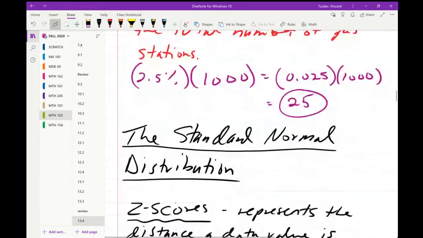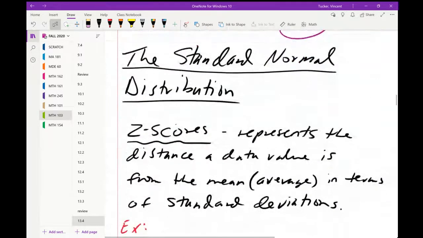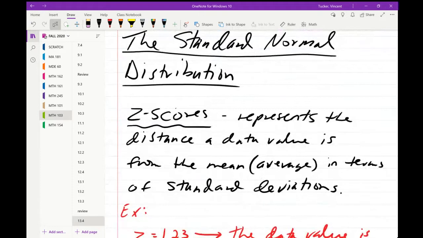So let's look at normal distribution. What we're going to use are what we call z-scores. And z-scores represent the distance the data value is from the mean, or average, in terms of standard deviations.